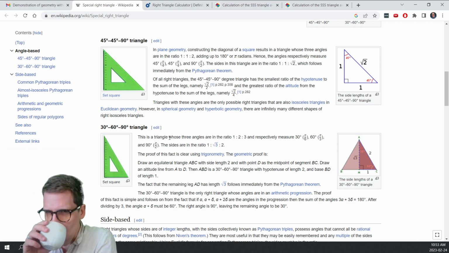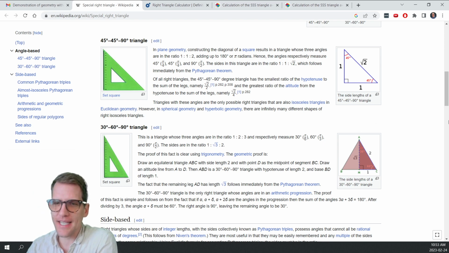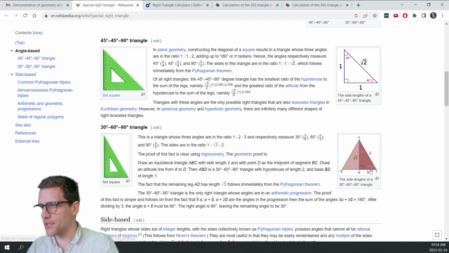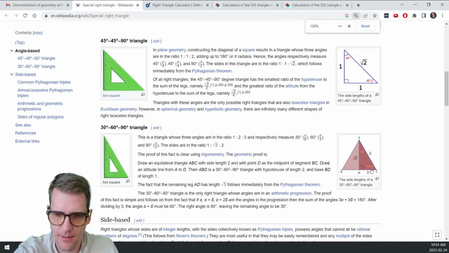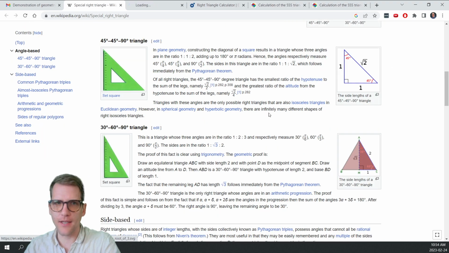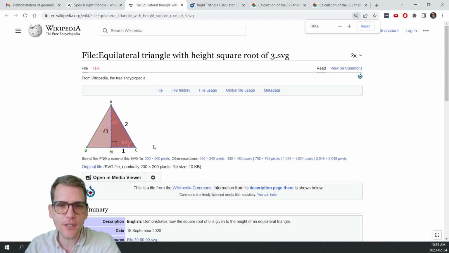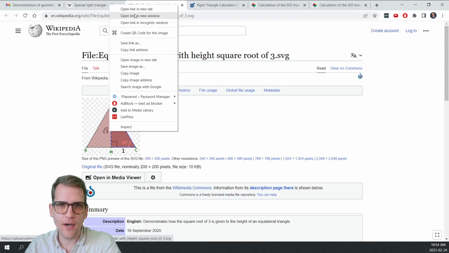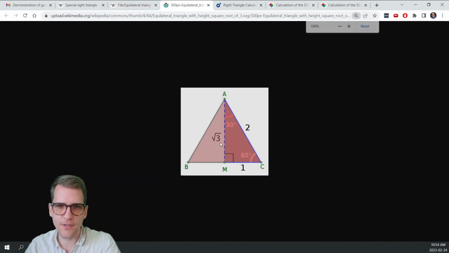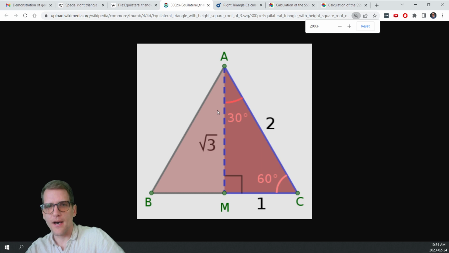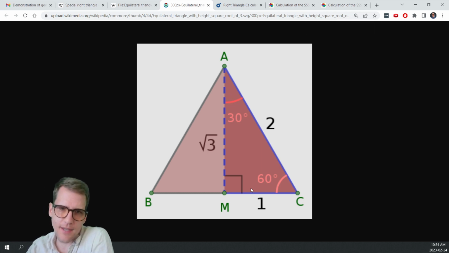So as you can see here, we can just zoom in to this triangle, because this one looks very similar to your open image in new tab. So we can just zoom in so you can start to see that. 30 degrees, 60 degrees, 90 degrees.